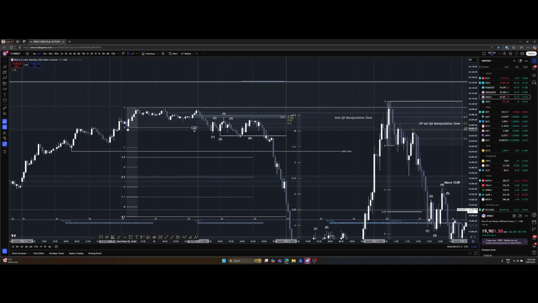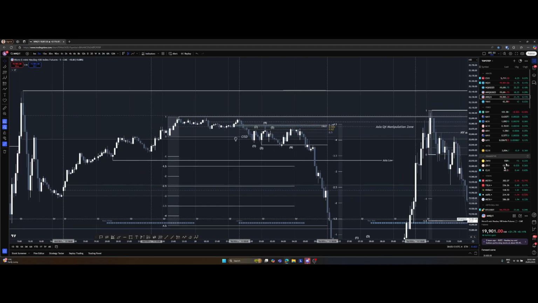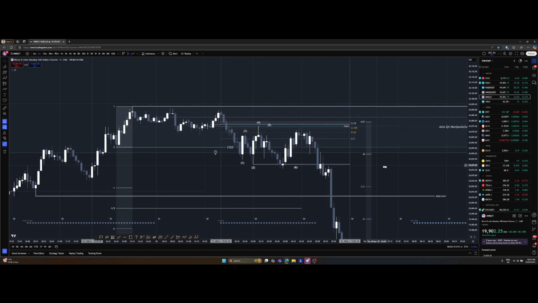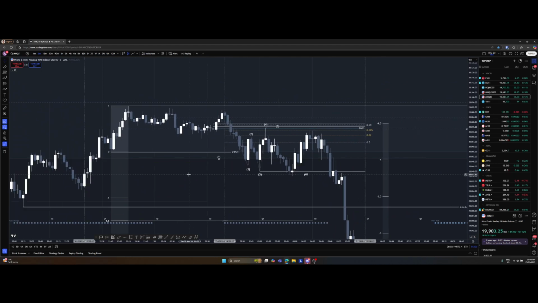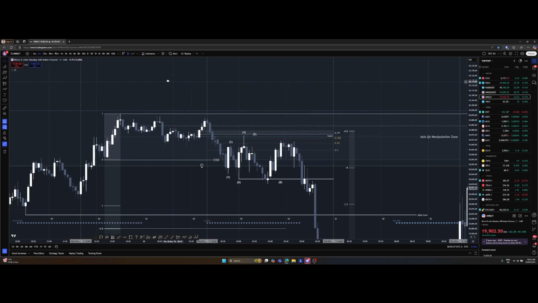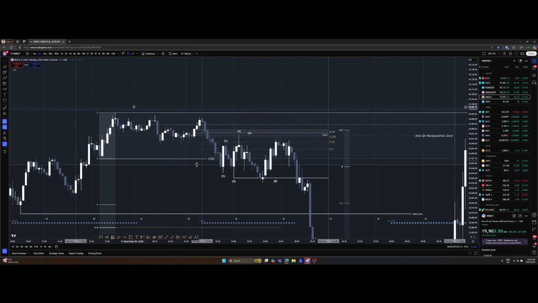We're waiting for this low to get broken. Zoom in a bit here. So price comes up, comes down, and this is our high, our manipulation swing. We grab our standard deviations from this zone, and we draw our rectangular box on this zone as well.